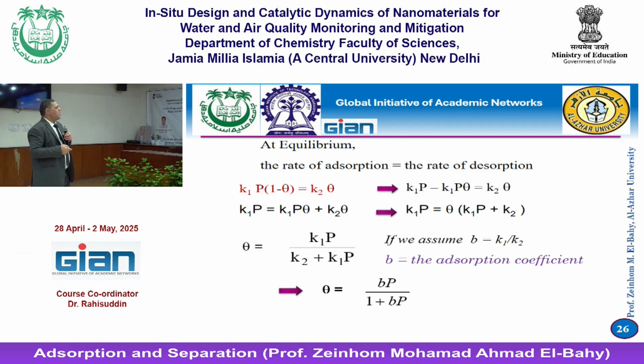Finally we get this equation: theta equals K1 P over K2 plus K1 P. We also make some rearrangement and abbreviate it. If we assume B equals K1 over K2, this is very easy, no problem. Theta equals B multiplied by P over 1 plus B multiplied by P.